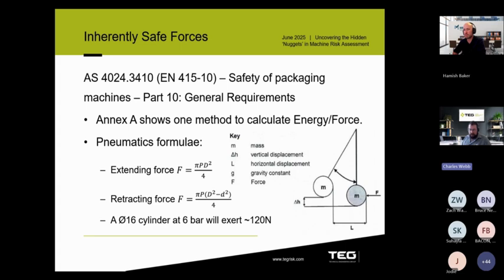They can need higher forces for larger products, but often you don't need much at all. Obviously, the easiest thing to do is to get rid of a pusher altogether and just have compressed air, like blowing packets of chips or whatever. But if you have something heavier and you have to push it, then limiting your pressure or your physical cylinder size, that will help you comply to the standard.